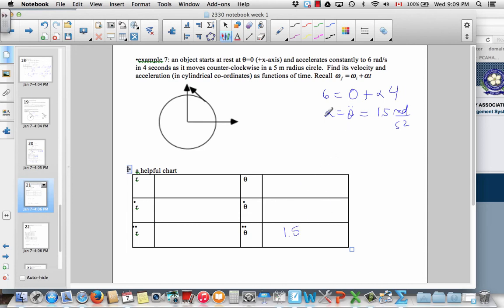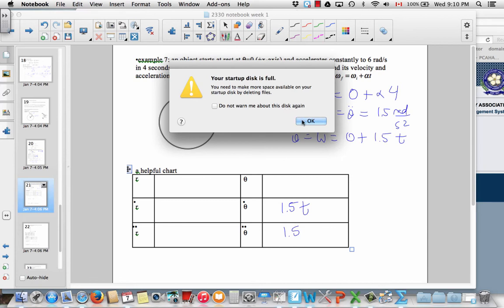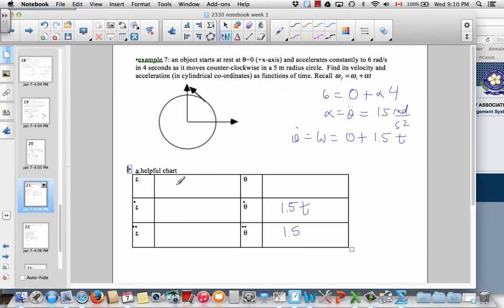Now that means for theta dot, we can say that our final angular velocity, which is theta dot, of course, is our initial plus alpha times t. And then we could integrate again to find theta, but it's not really necessary. Okay, so the radius is again constant, so the derivatives will just be 0.